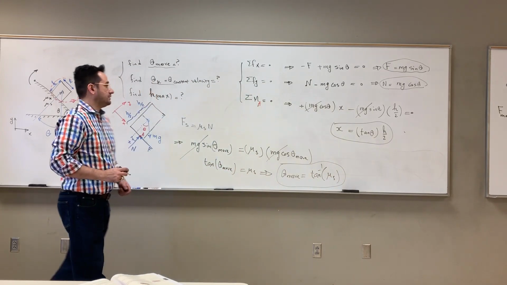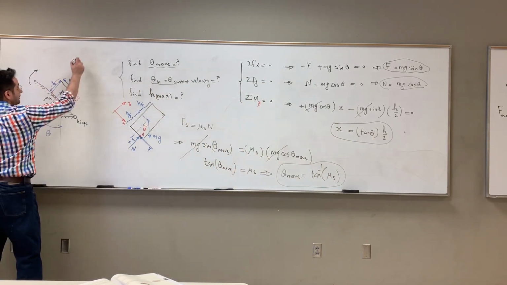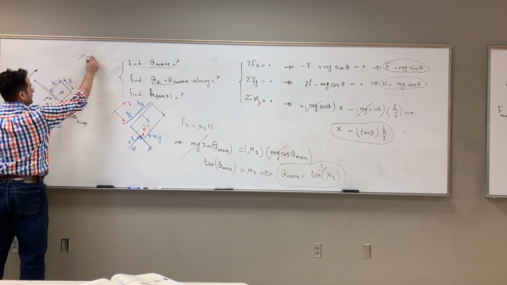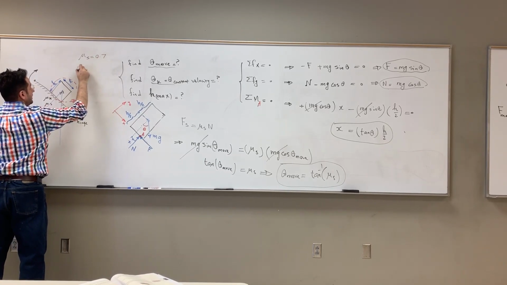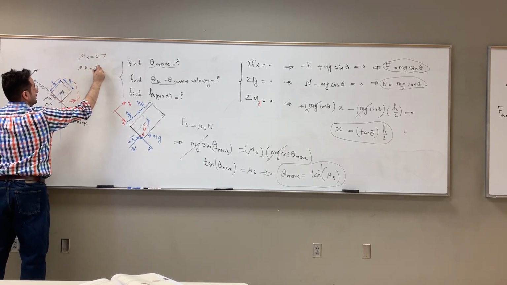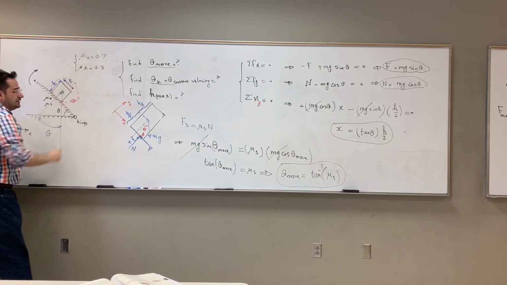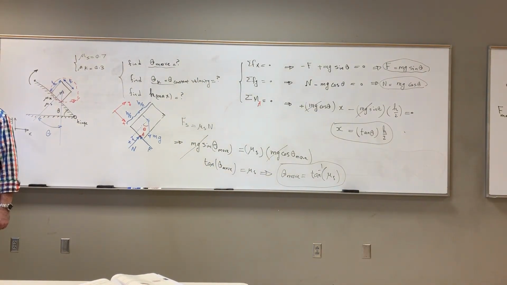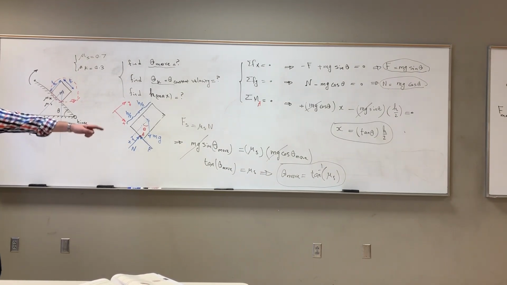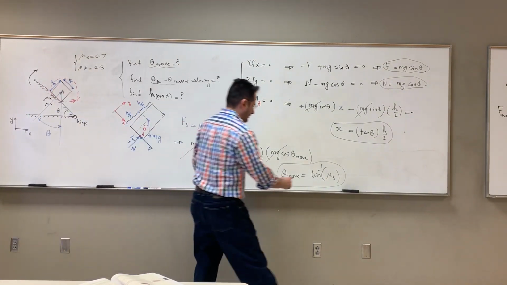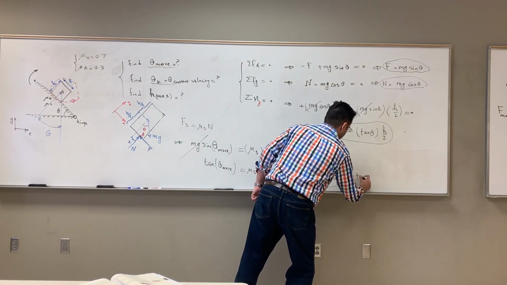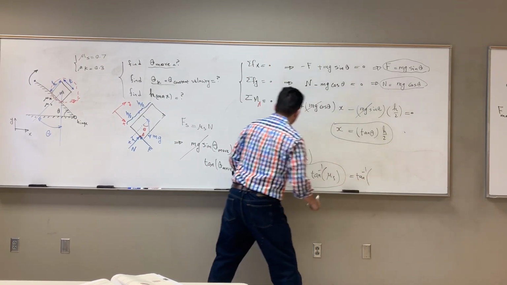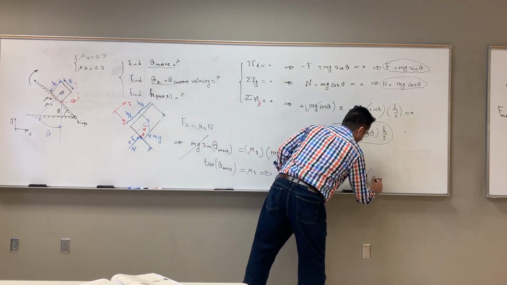Now, if I give you a typical value, let's say mu s is 0.7 and mu k is 0.3, then what's the angle that this object is about to move? What's the theta move? Theta move is arctangent mu s, and mu s is 0.7.